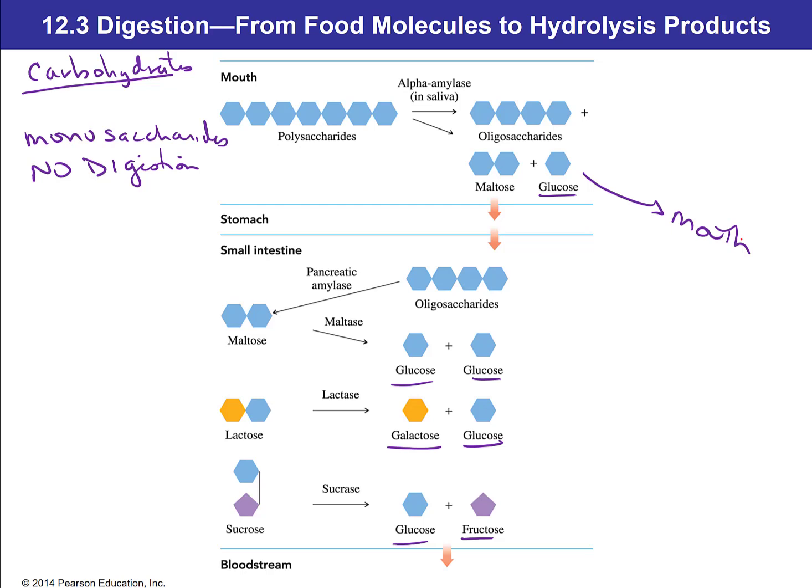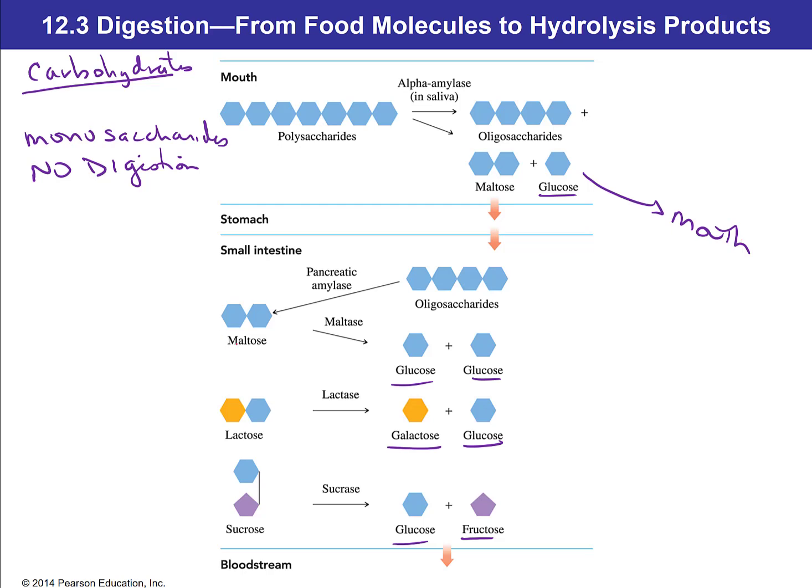Other monosaccharides, as they're produced, are going to get absorbed quickly. Remember, we talked about how it ends up affecting blood sugar: because there's no processing, there's no slowdown in digestion. As soon as they can be absorbed, they get absorbed into the bloodstream. So monosaccharides require no chemical digestion.